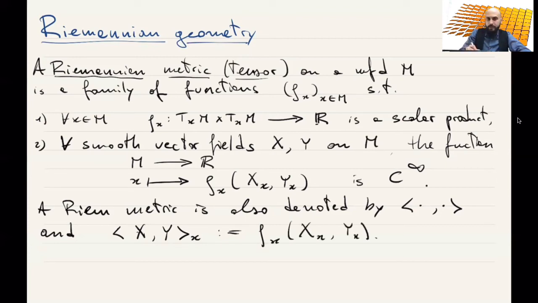In the terminology, we say that the pair M, a smooth differentiable manifold, and a choice of a Riemannian metric tensor, is a Riemannian manifold.